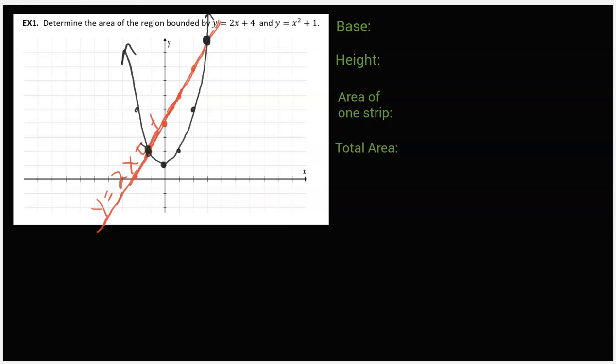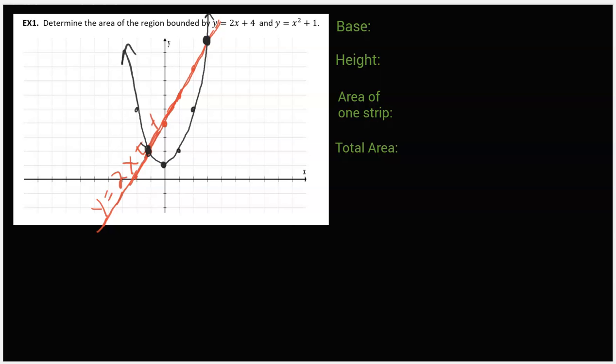So which region are we talking about? And will we want to use a vertical strip or a horizontal strip?